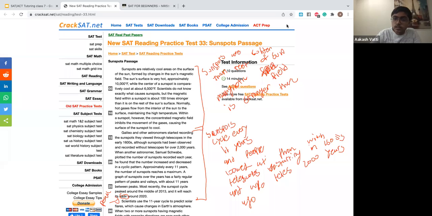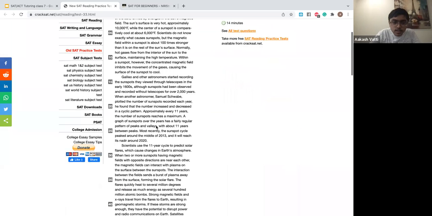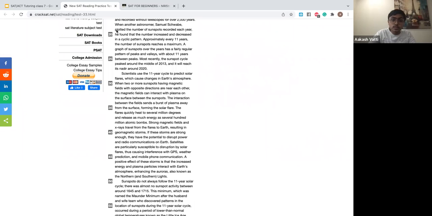All right, so I'm going to clear that, and we're going to continue. Scientists use the 11-year cycle to predict solar flares, which cause changes in the Earth's atmosphere. When two or more sunspots having magnetic fields with opposite directions are near each other, the magnetic fields can interact with plasma on the surface between sunspots. The interaction between fields sends a burst of plasma away from the surface, forming a solar flare. The flares quickly heat to several million degrees and release as much energy as several 100 million atomic bombs.